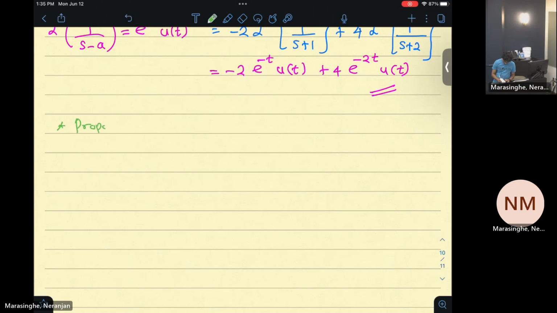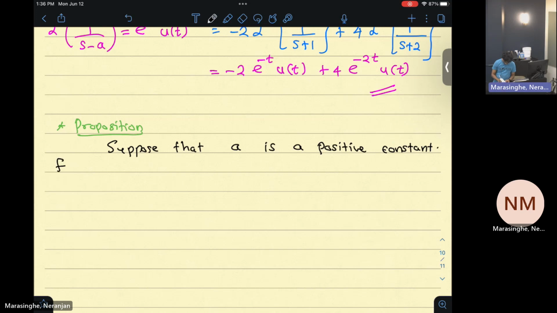The proposition. Suppose that a is a positive constant, and f(t) is defined for t greater than or equal to 0.